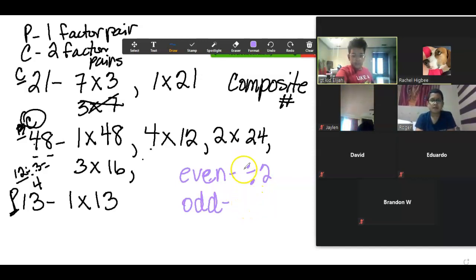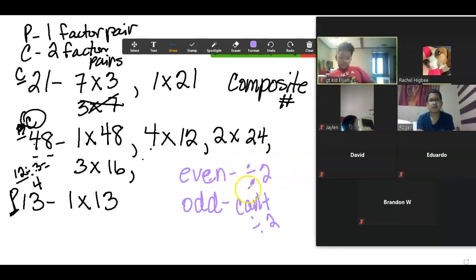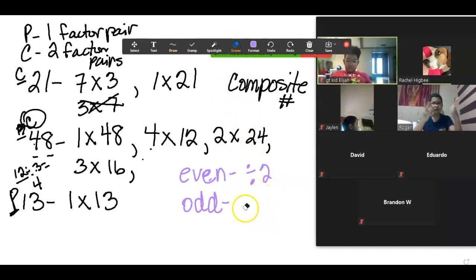No, it is the opposite of even, but not multiply. It would be that you can't divide by 2. Okay. Remember, that's the definition of even and odd. Even numbers I can divide by 2 without a leftover. Odd numbers, let me rephrase that.